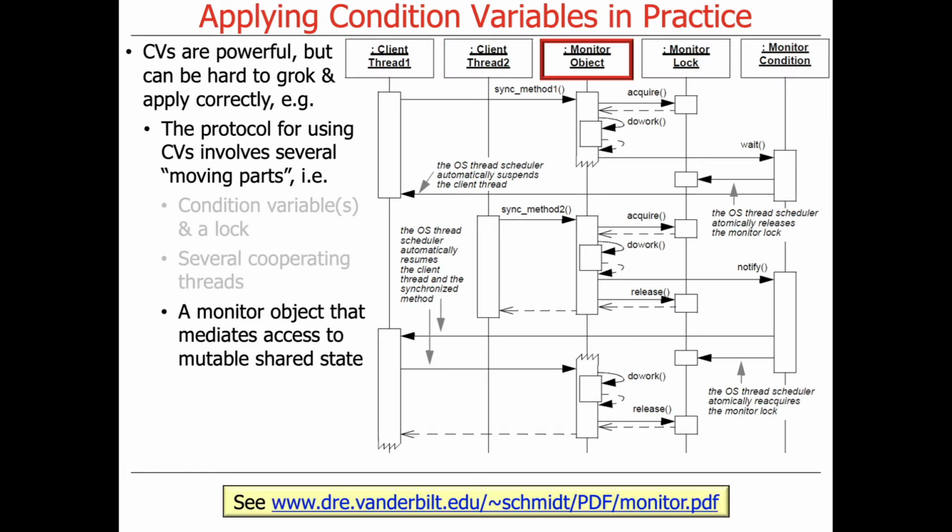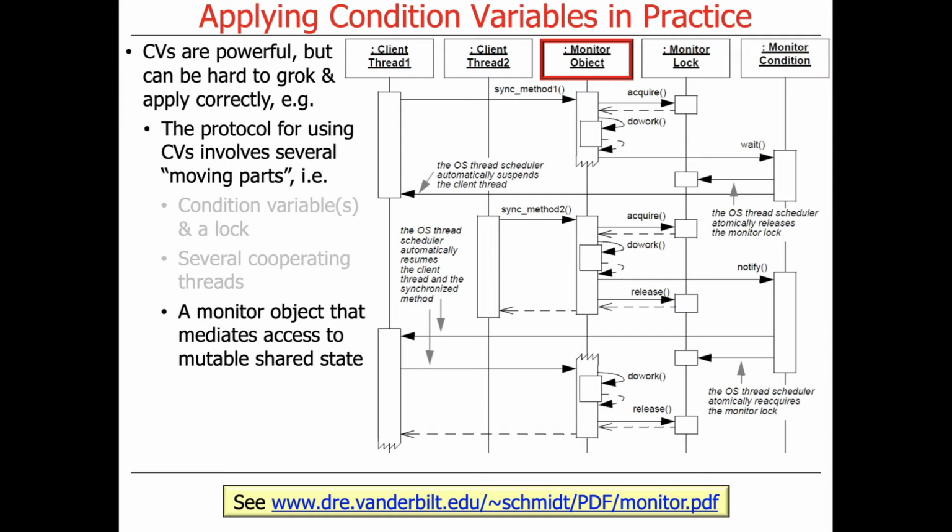The other thing that you almost always use with condition variables is something called a monitor object. A monitor object is the wrapper, the facade that shields client code from the complexities of the protocol used to implement condition variables. It's a monitor object that mediates access to mutable shared state.